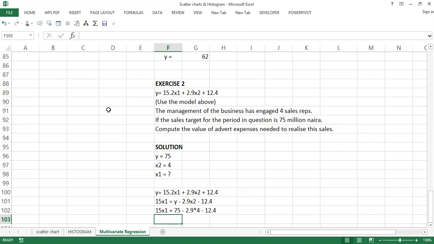So x1 then will be equal to what? Let's do that straight away.